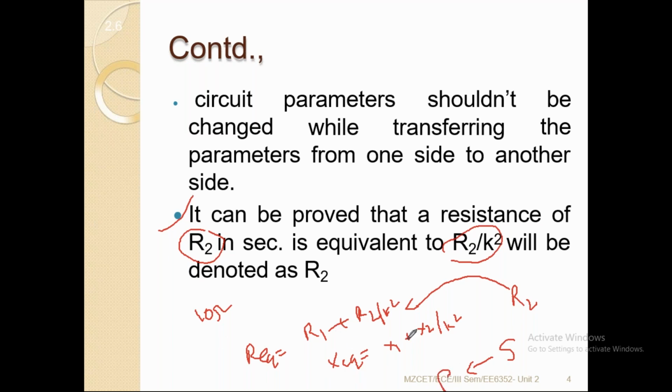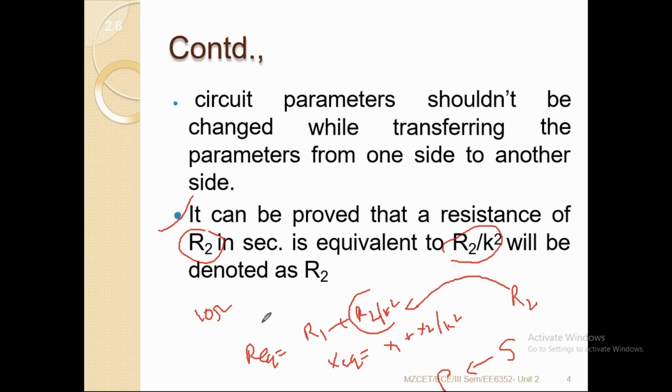Now let me show you how it will be obtained, and why we are using R2 by K square. It has a derivation, so I will show you. This is the formula when the secondary resistance is shifted to the primary.